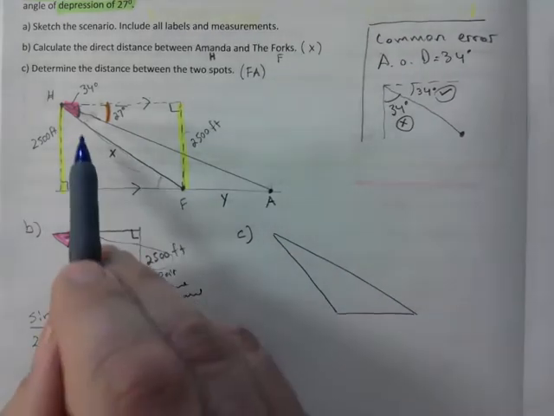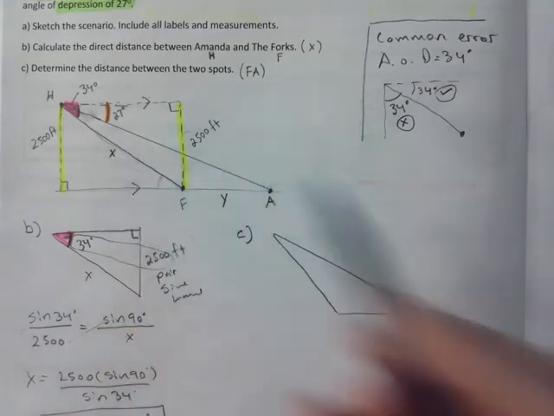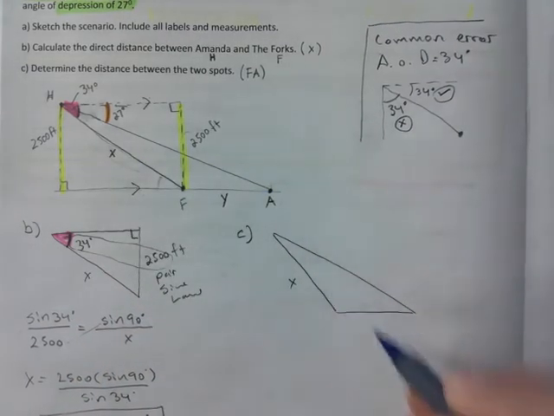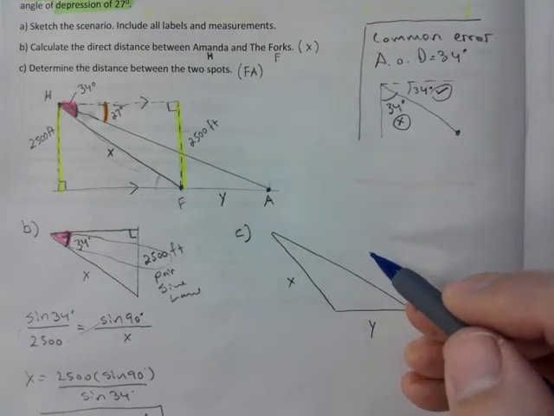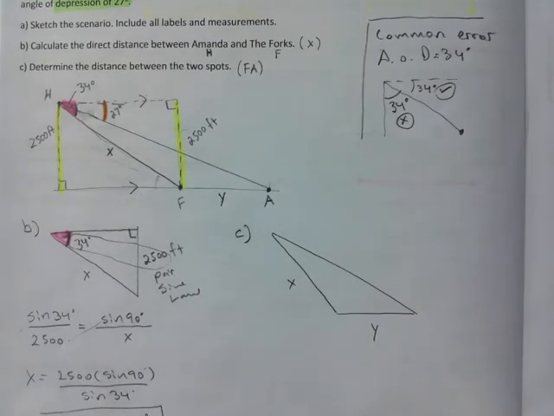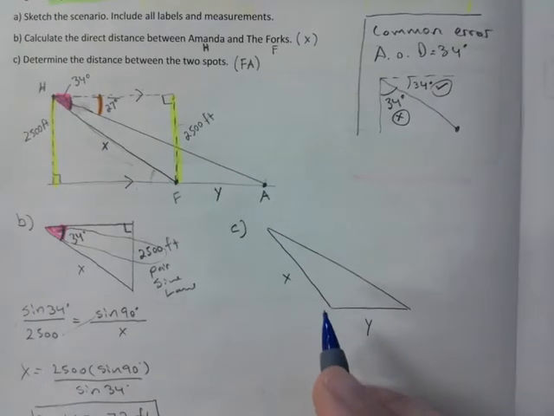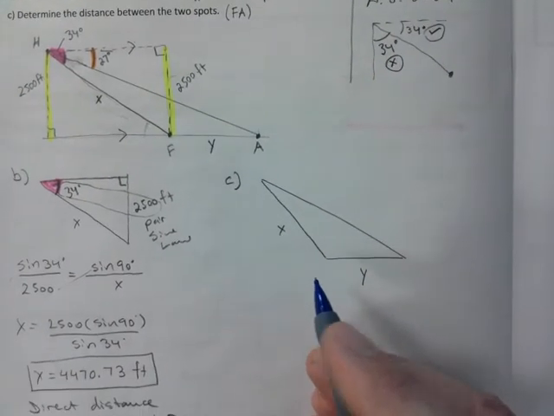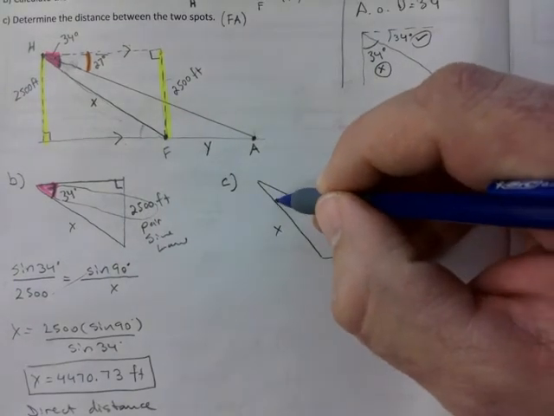If we just take out this triangle right here, where this is X, this is Y, what do I know about this triangle in terms of angles? There's a couple of ways of doing this. Are you ready? Is there a way I could find this angle right here?